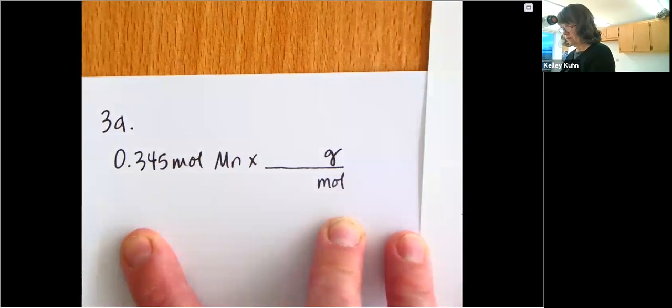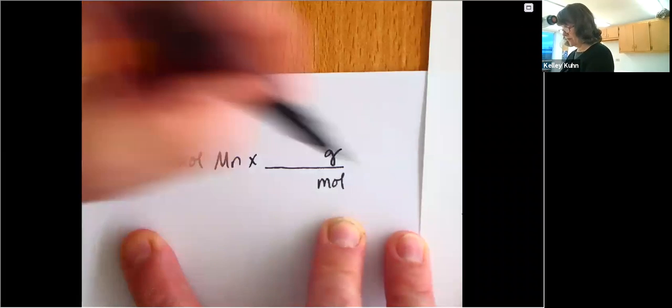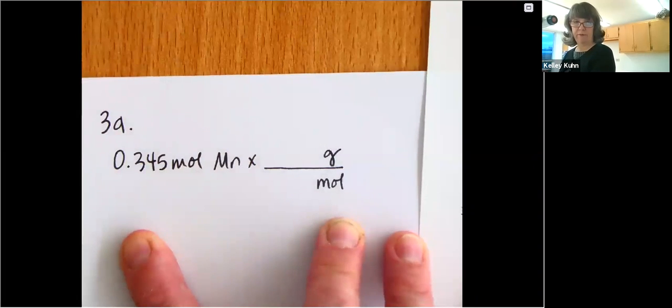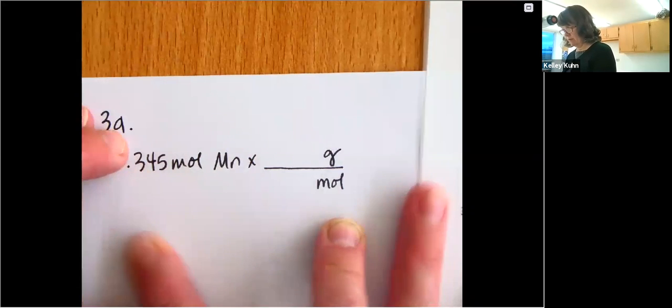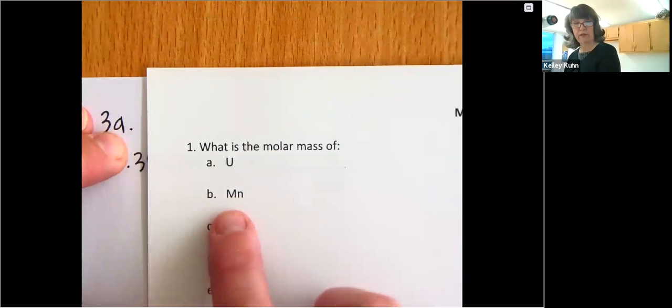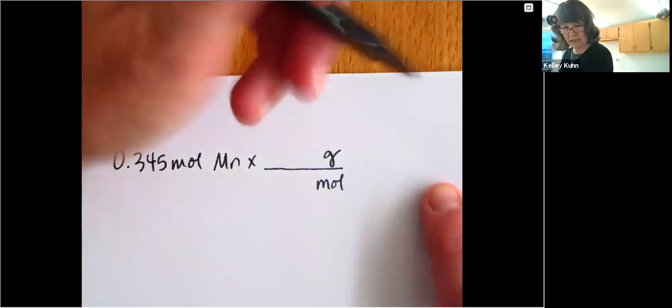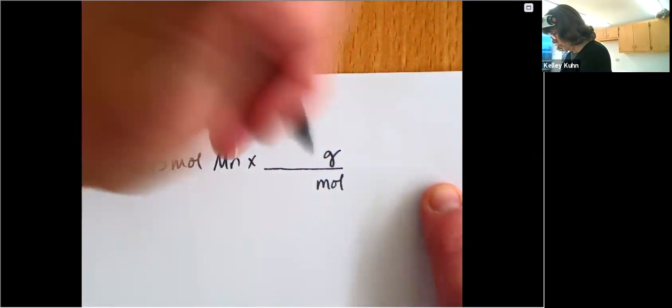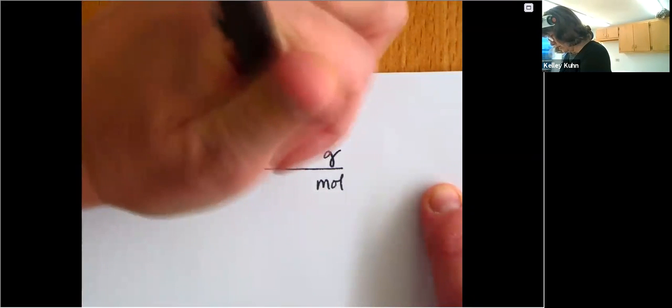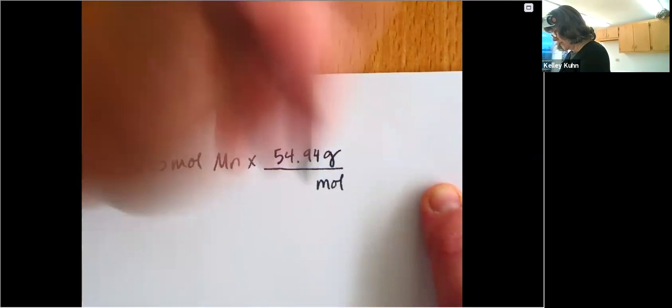And the number for grams will always be whatever we got from the periodic table. You may remember on moles number 1, we looked at manganese. That's what's going to go with the grams. So for manganese, that's going to be 54.94 grams. And that's simply the amount of grams in 1 mole of manganese.